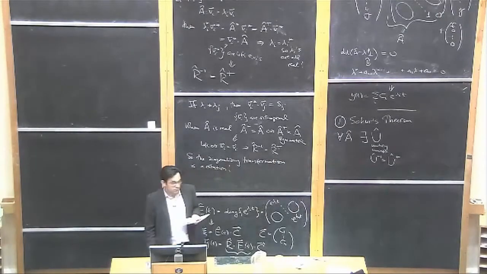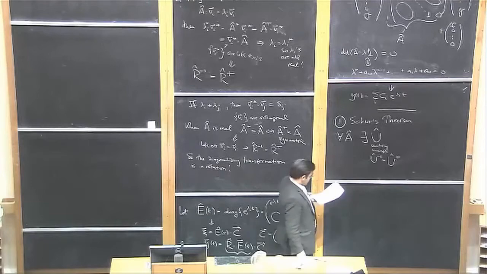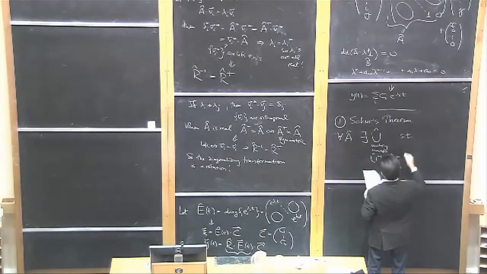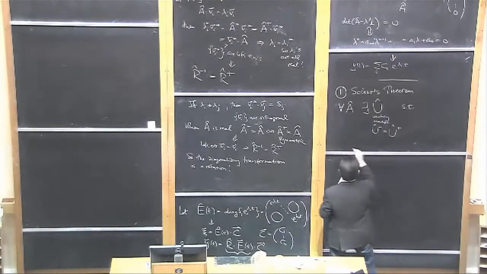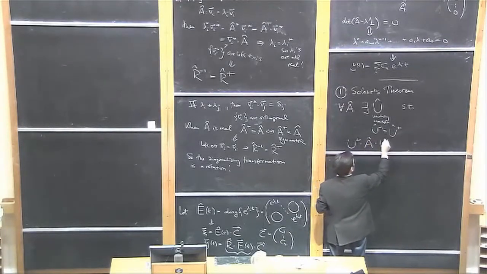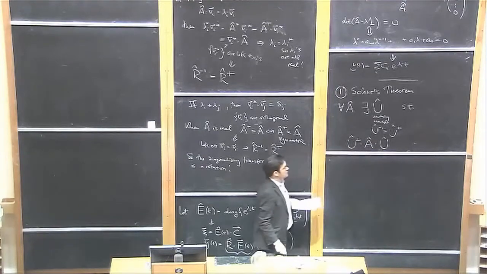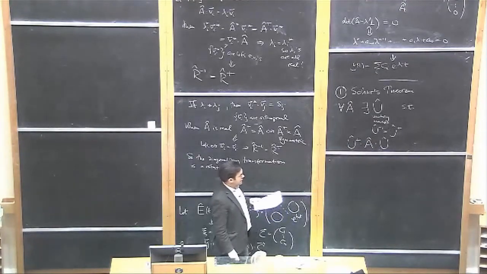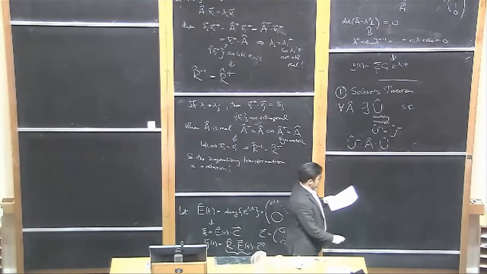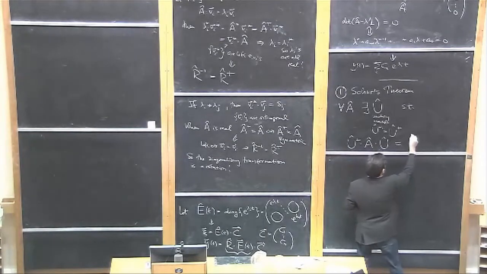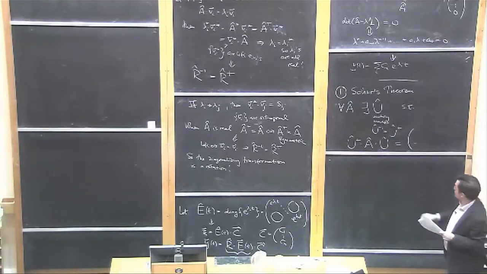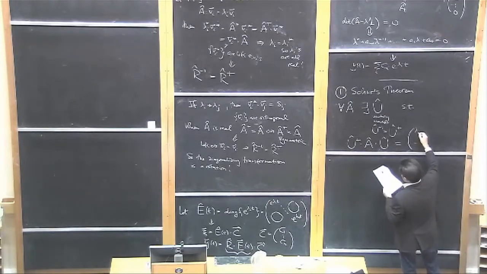Okay? Such that if you apply that transformation to the matrix, U dagger dot A dot U, the result will be a triangular matrix, meaning it'll look like this.